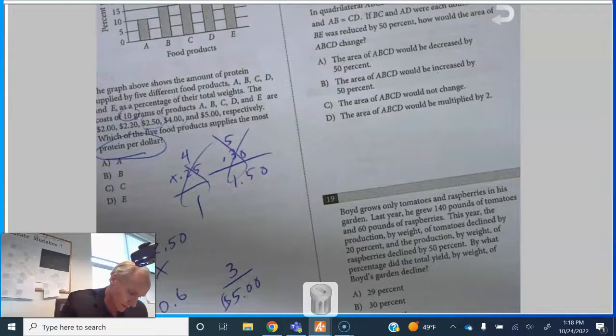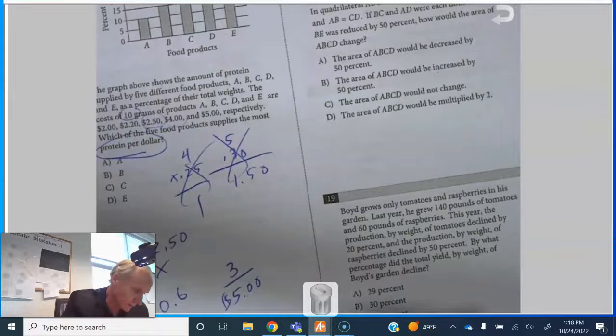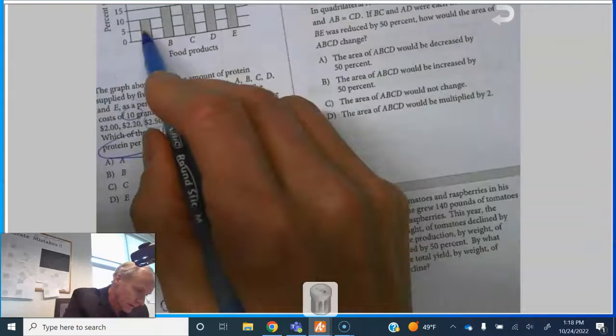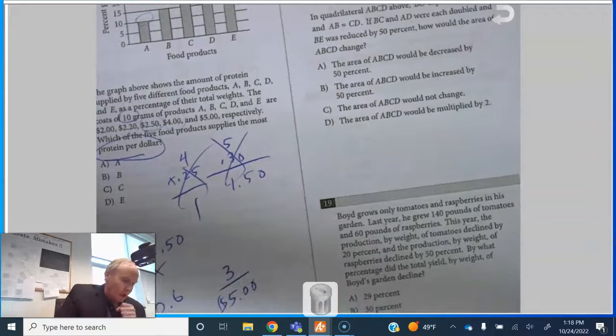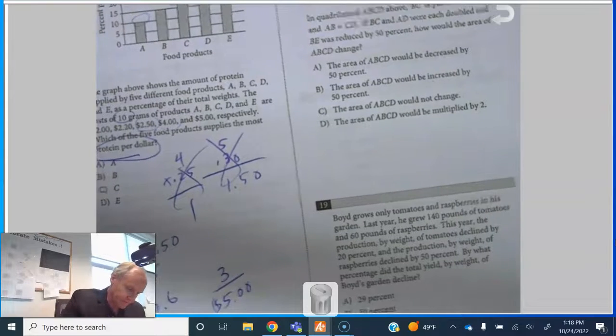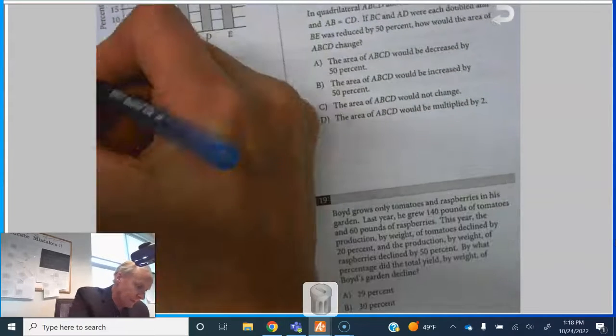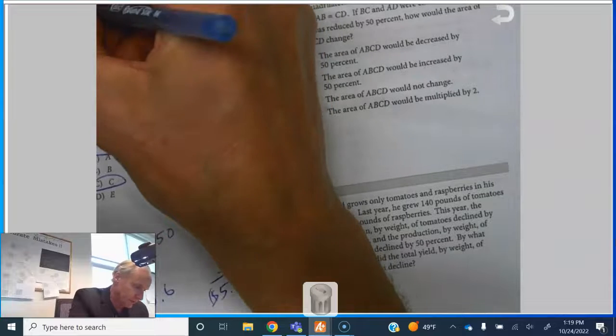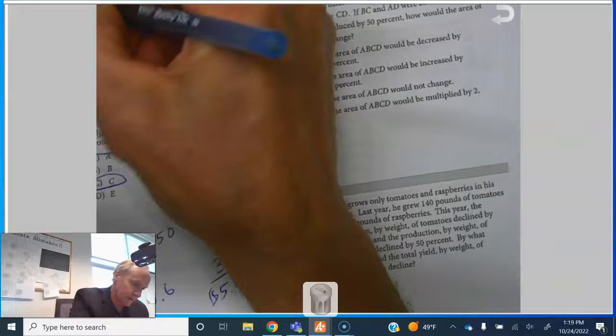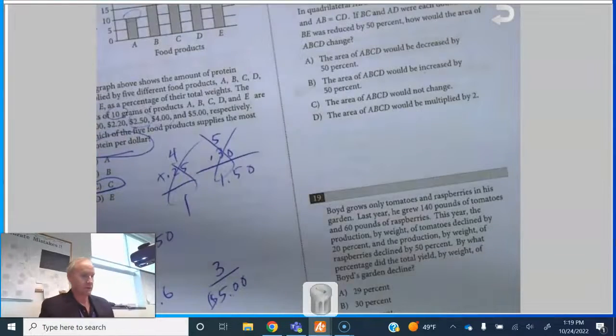I don't even have to worry about C, I have to worry about A. A has 1 gram of protein for $2, which is 0.5. So C was the best one. I'm literally getting 0.9 grams of protein per dollar. So I get the most amount.